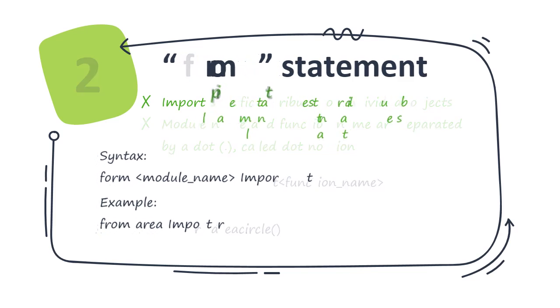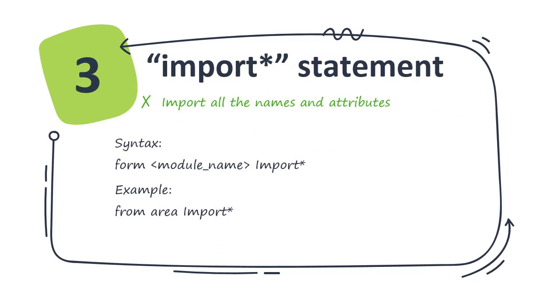Next, the import star statement. It imports all the names and attributes in that particular module. The import star statement can be used to import all the names from a module into the current calling namespace.